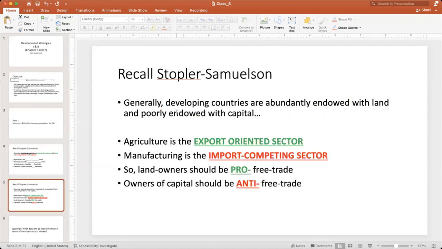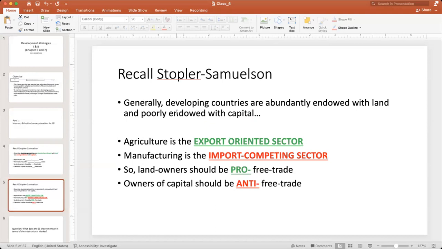Okay, given that the developing countries are abundantly endowed with land, that means they have competitive advantages to produce those goods and services that need more labor. And given that developing countries are poorly endowed with capital, they are not going to be competitive in producing manufactures.